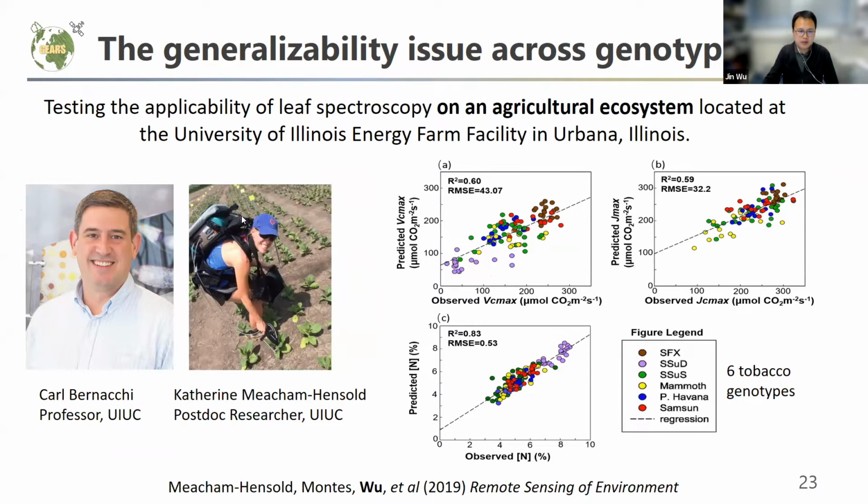They planted a lot of tobacco in the field, covering different genotypes. We selected different genotypes primarily because we already know they have large variation in physiological traits. And to our surprise, we could also develop a single spectral model that captures all the physiological trait variability, regardless of genotype.